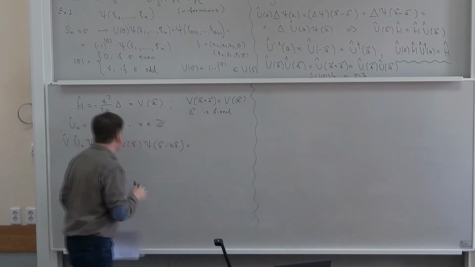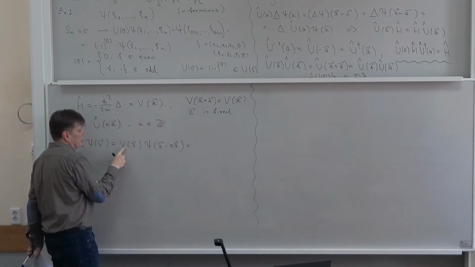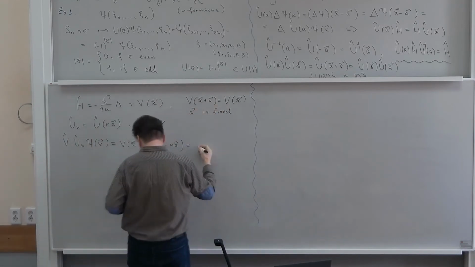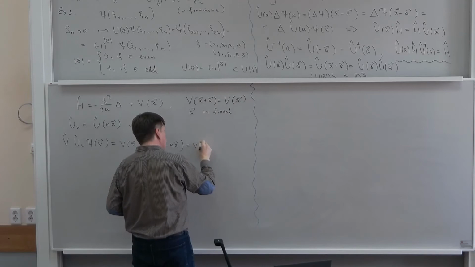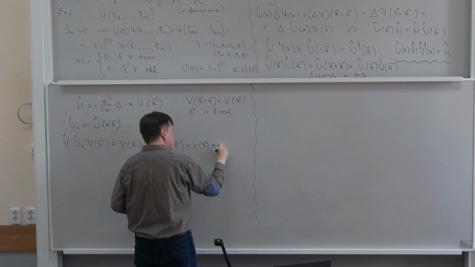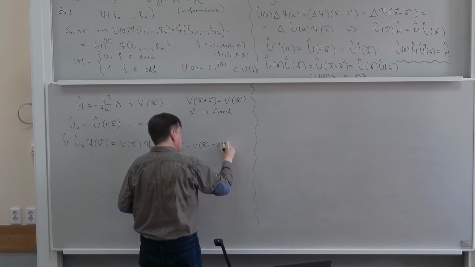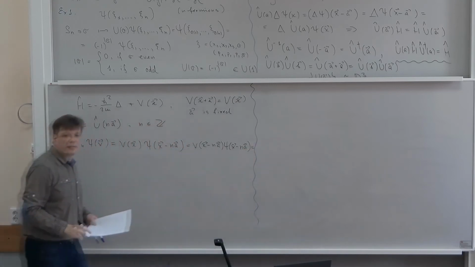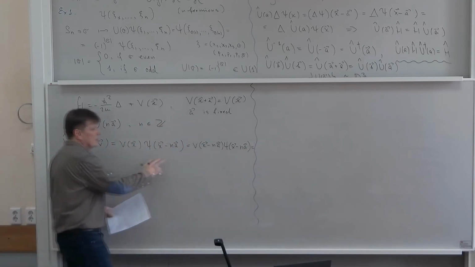And using the fact that potential V is periodic, I can write this as V of x minus nA times psi of x minus nA, right? This identity.